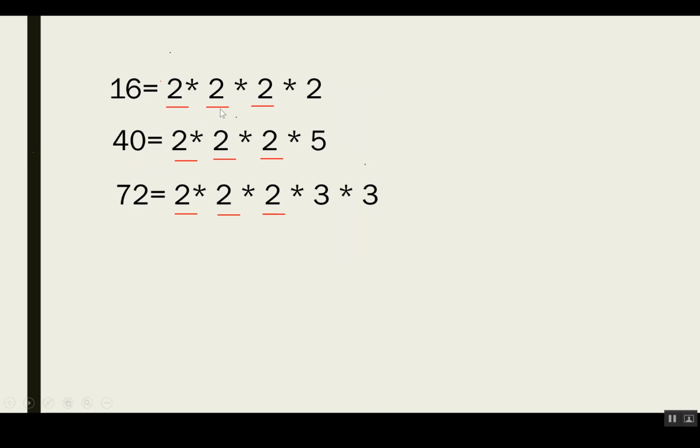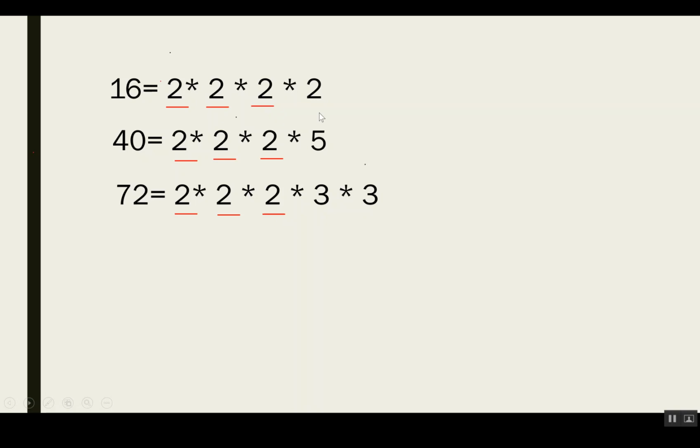If we look closely, we have a 2, which is one set present in all the numbers. Then this 2 is also a common set present in all the numbers. Then there is another 2 which is present in all the numbers. So far we have found 3 common 2s present in the prime factors of all the given numbers.